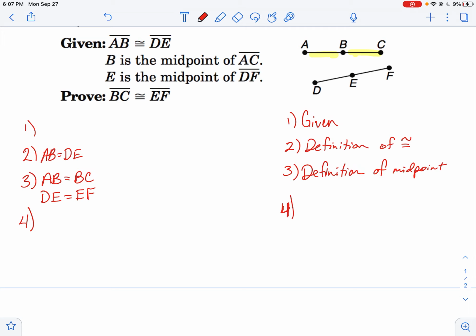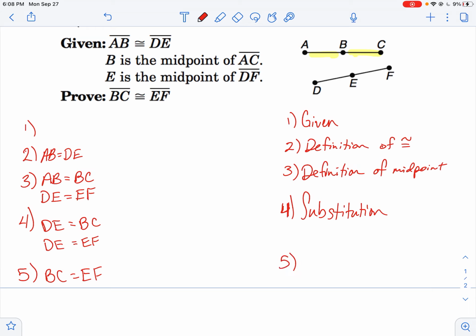So step 4, you should have DE equals BC. I just substituted DE here. So instead of AB equals BC, I have DE equals BC, and then I also have DE equals EF. I substituted, and then if DE equals BC and DE equals EF, then BC equals EF by either substitution or the transitive property.